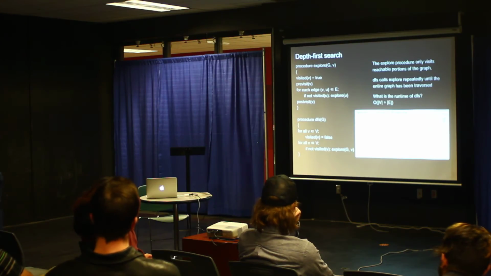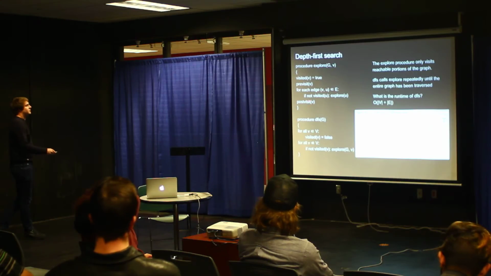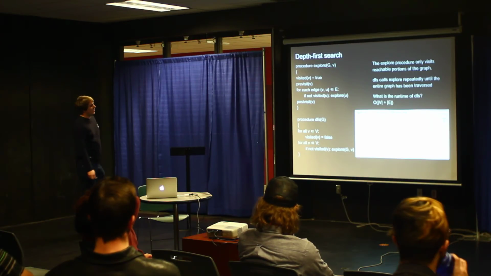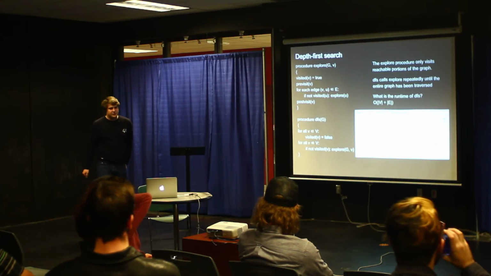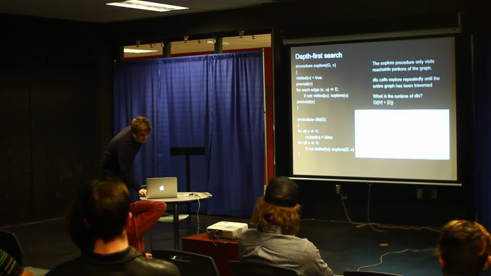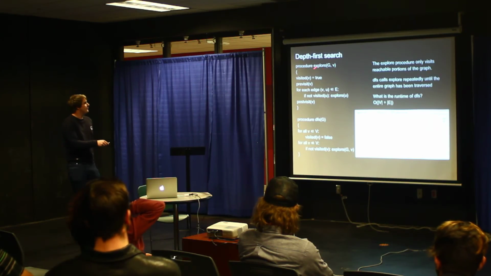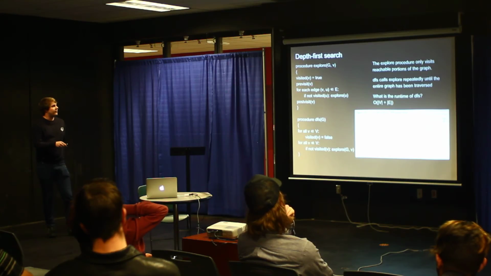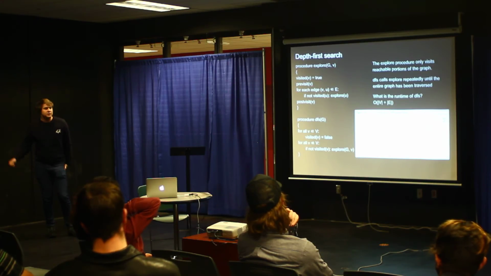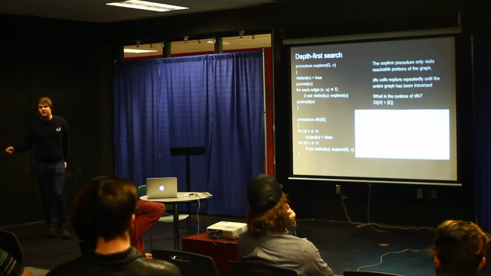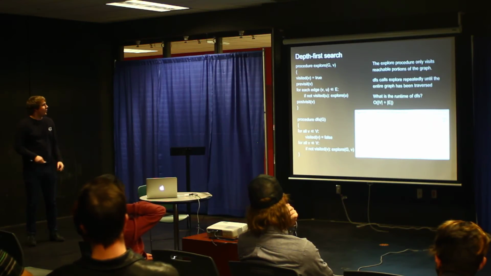So now is when we're going to start thinking about our pre-visit and post-visit operations. For this particular example, as we get to each explore, suppose we had some global variable, let's call it CC for connected component, that was iterating up for each DFS call.